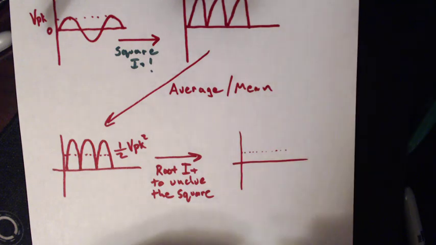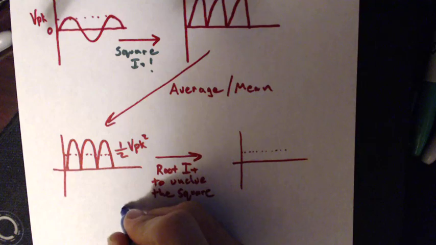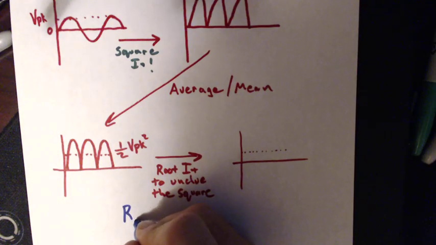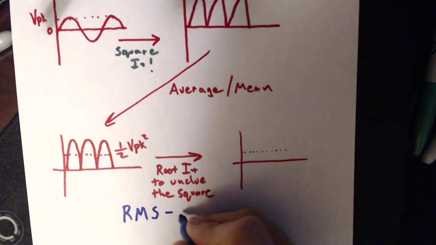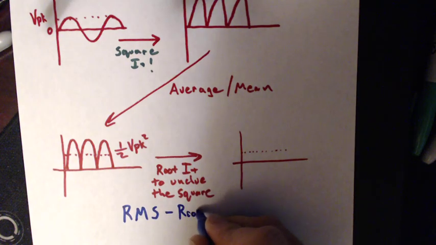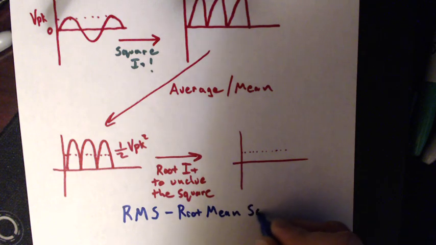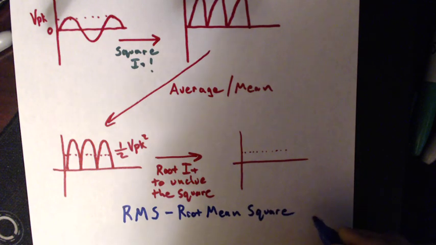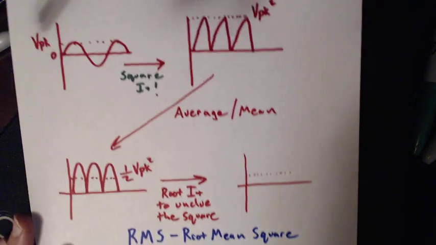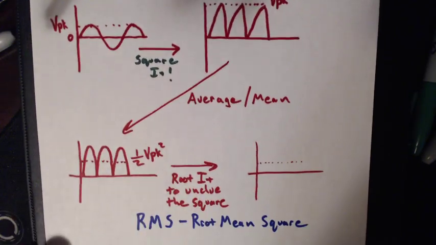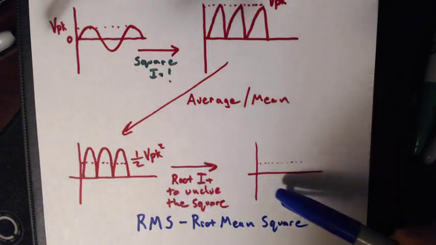So this is why we call it root mean square. Because we did the square, the mean, and the root.